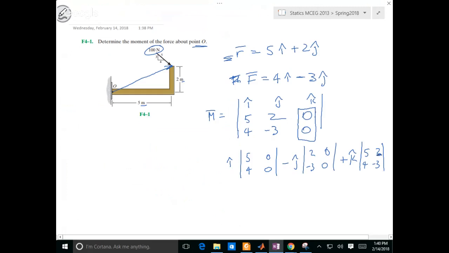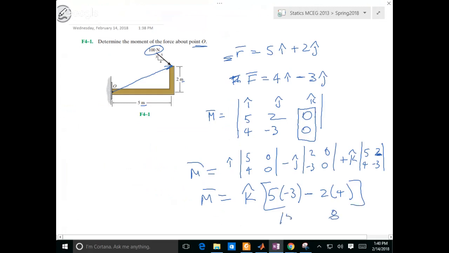That's supposed to be a 2, not a 3. So the moment is just nothing more than K, 5 times minus 3 minus 2 times 4, that's 8, and this is 15, and they're both minus. What is that value? Calm down. Okay.